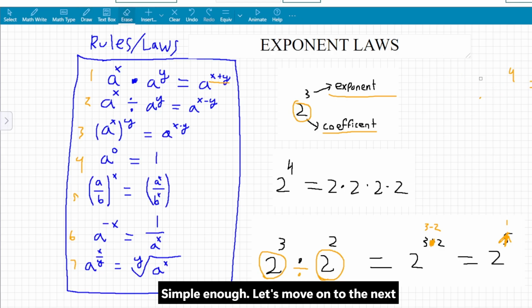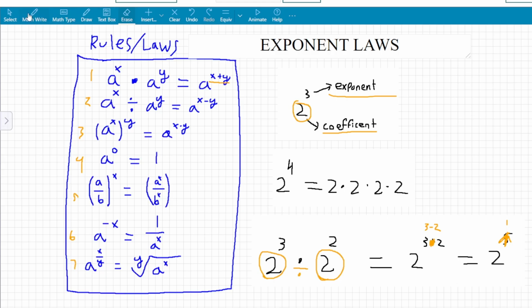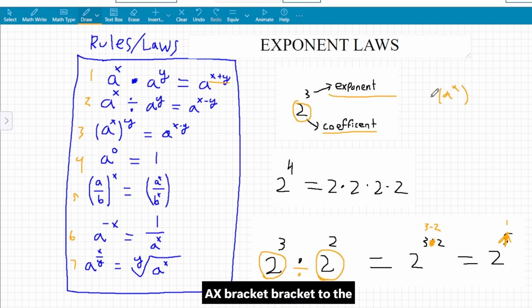Simple enough. Let's move on to the next exponent rule, which is slightly harder in my opinion, but not too bad. Number 3. a to the x, in brackets, to the y equals a to the x times y. So what does this mean?